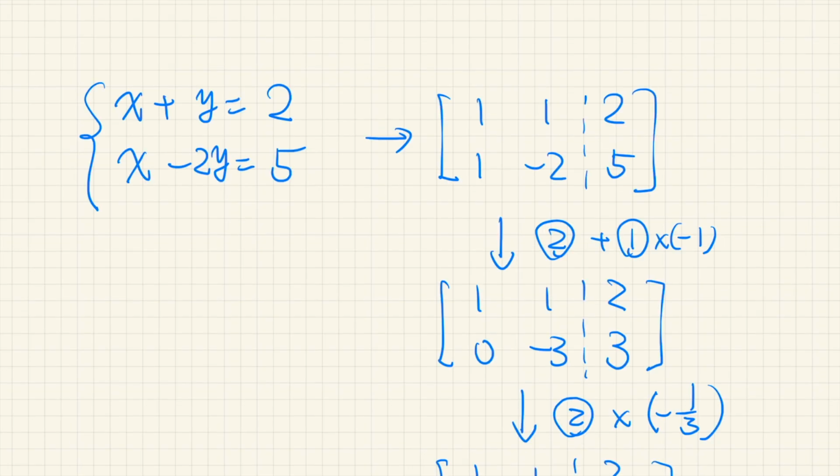Before diving into the proof, let me explain what we mean by the solutions and the degree of freedom by considering simple examples. The first example is this set of simultaneous linear equations. If we express these equations in terms of the augmented matrix, we have this matrix. To this, let's apply a series of elementary row operations. First, add to the second row -1 times the first row, we get this one.